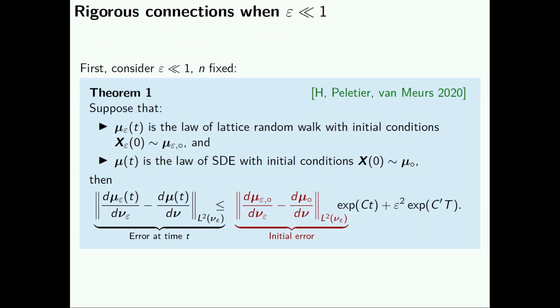The error in law in L2 is bounded by the initial error plus something that scales like epsilon squared. You could do other measures of error. This is L2 of the law, which is set on a very high dimensional space because things work out nicely, but you could probably prove other estimates of this type. What it does show is that as epsilon goes to 0, if the error in law at initial time goes to 0, then the evolutions converge in this sense.